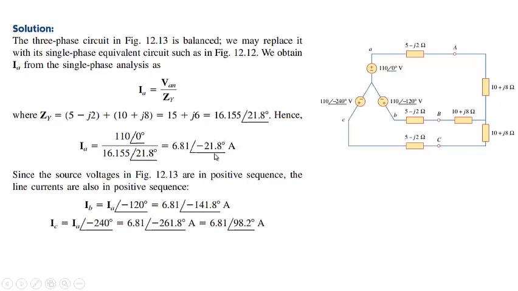That means you have to subtract 120 degrees, and it comes out to be minus 141.8 degrees. IC will be 6.81, the same magnitude because it is a balanced system, and you add 120 degrees, so it comes out to 98.2 degrees. These are the three line currents. Hope you understand. In this case, we are able to find the line currents IA, IB and IC.